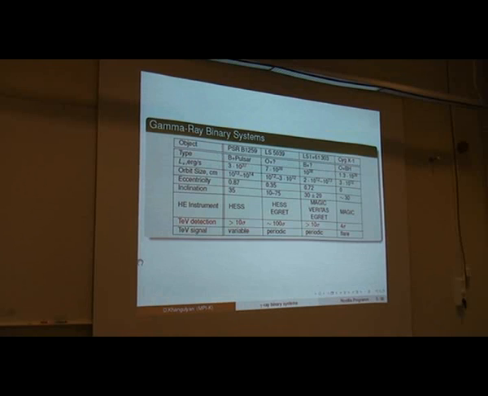These systems even present very different TeV signals. For example, in two of them we see a really periodic signal. In one, PSR 1259, the signal is variable, but it seems not exactly periodic.